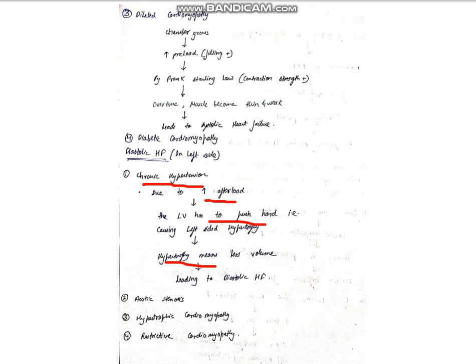Leading to hypertrophy, it will increase the size of the heart muscle, which further decreases the capacity of the heart, which will lead to diastolic heart failure. Other causes are aortic stenosis, hypertrophic cardiomyopathy, and restrictive cardiomyopathy. These I will be dealing with later in the cardiomyopathy section.